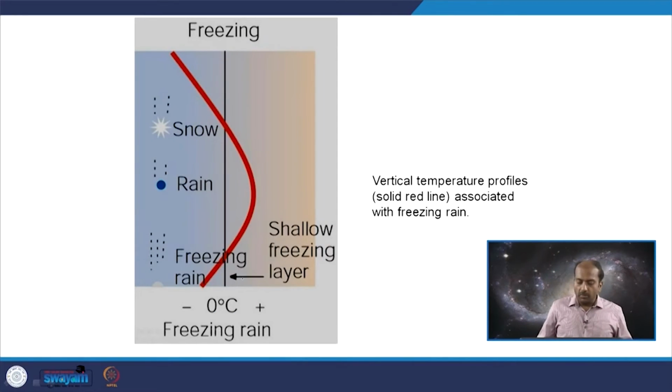Now, the vertical temperature profile associated with freezing rain. What you see here is the 0 degree Celsius vertical line, and the temperatures at the ground are not very low in comparison to the earlier case that we have seen. The temperatures are slightly less than the freezing temperature, but the point of origin of precipitation is allowing only ice to be precipitated.